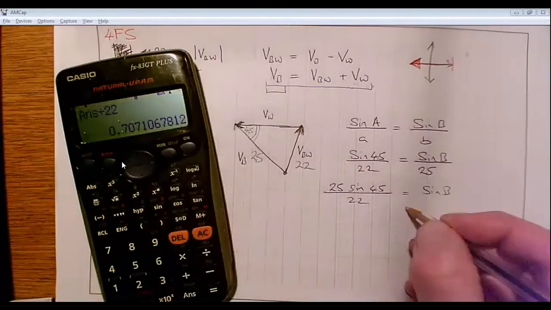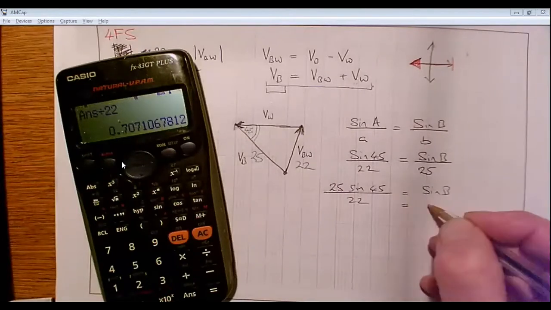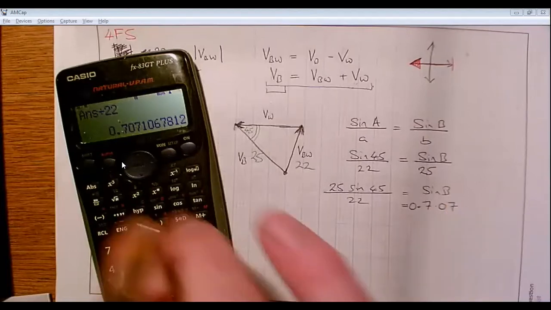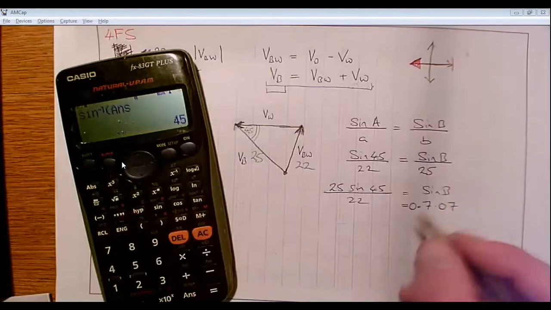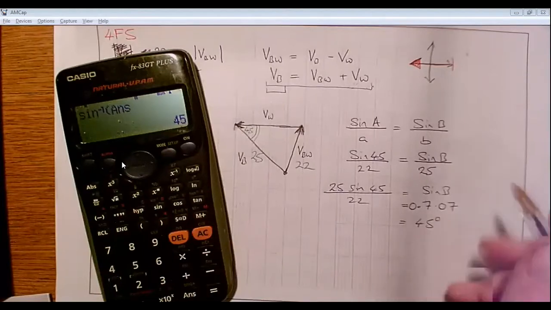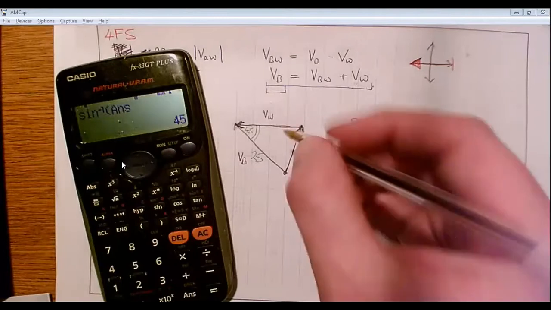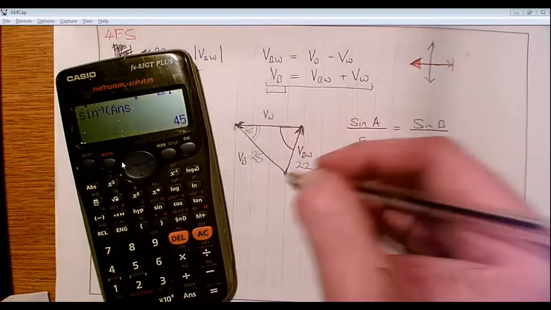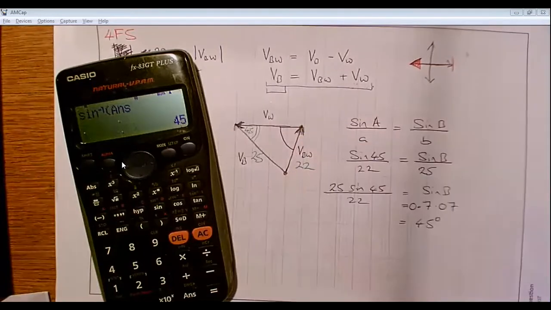So sine B is equal to 0.07, and the inverse sine of that is 45 degrees. So that's B, that's this angle there, and that gives us our direction. My diagrams don't have to look right, they just have to be constructed right so I can figure out the solutions.